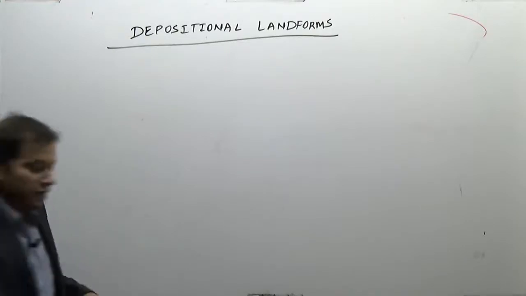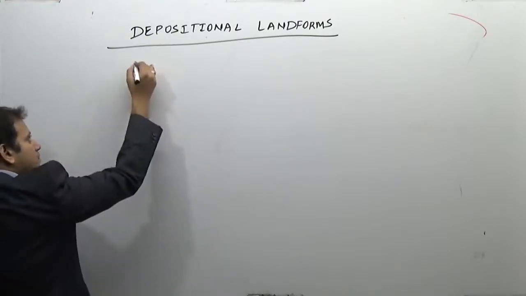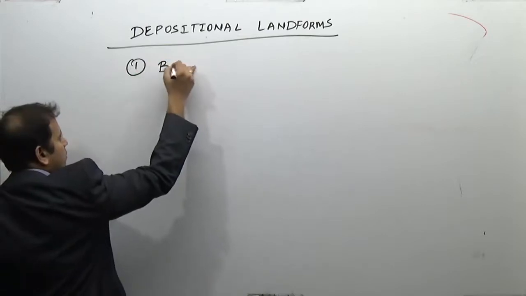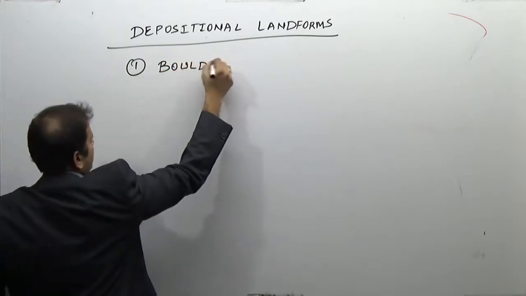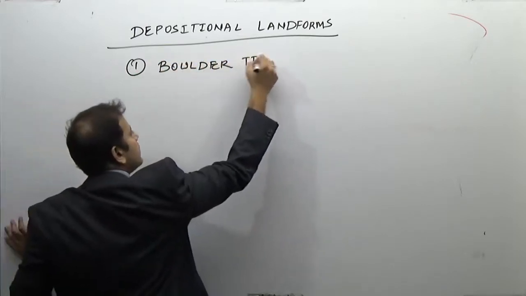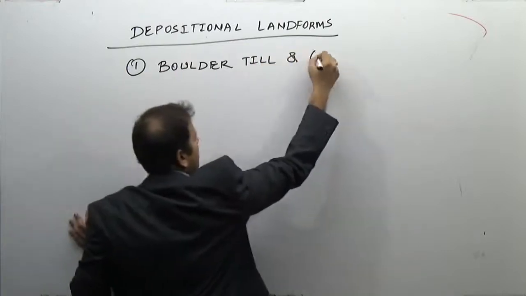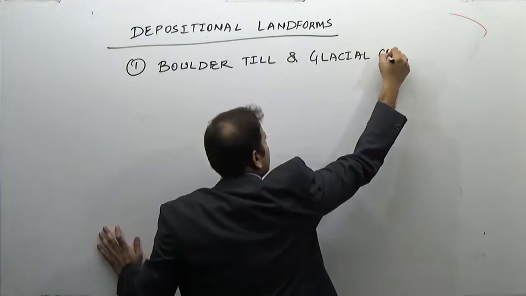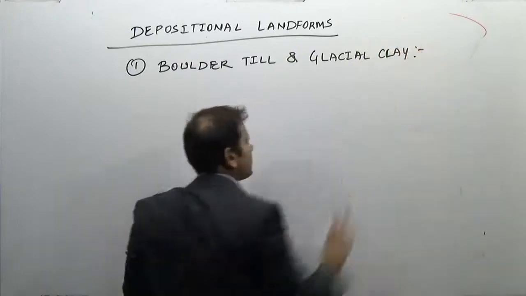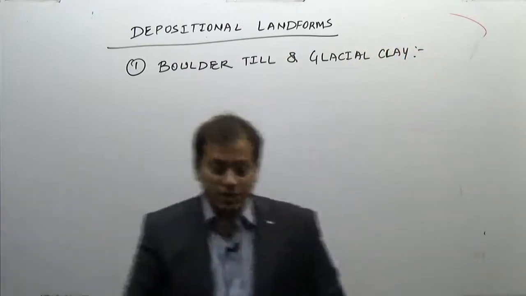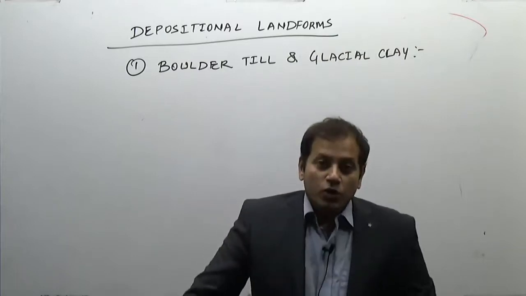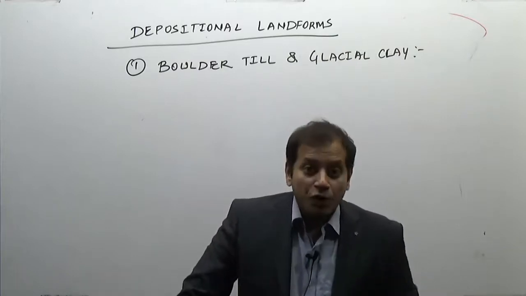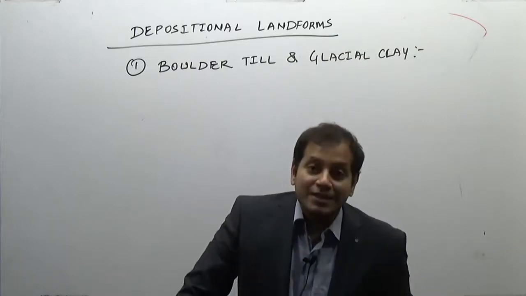The first kind of depositional landform is boulder till and glacial clay. Boulder till, what do you mean by boulder till and what is glacial clay?